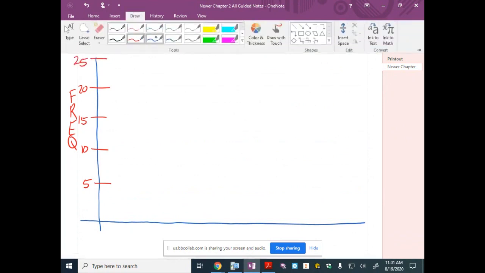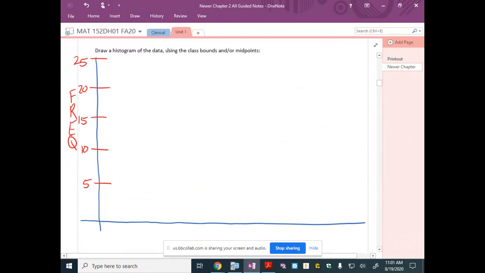Now, class bounds, I'm going to write those in blue. So negative 0.5 would go here, then 99.5, 199.5, 299.5, 399.5, and 499.5.